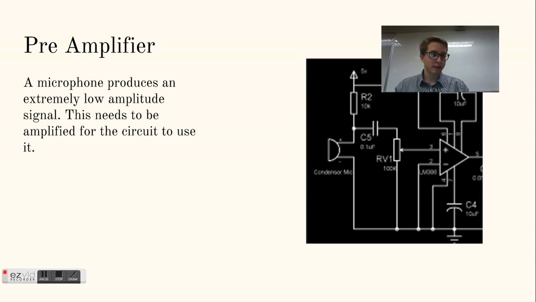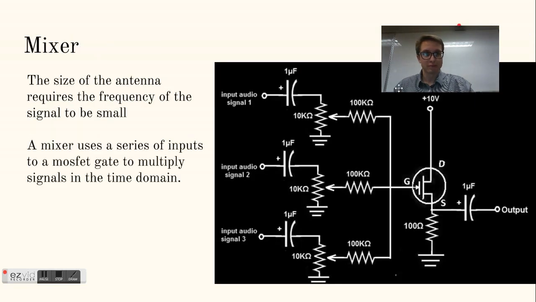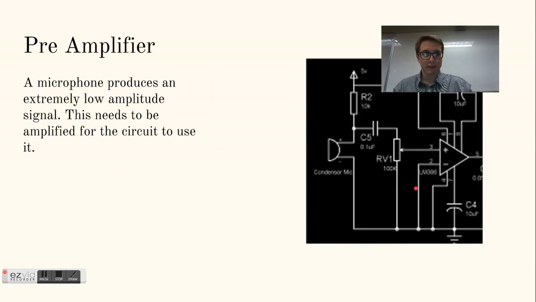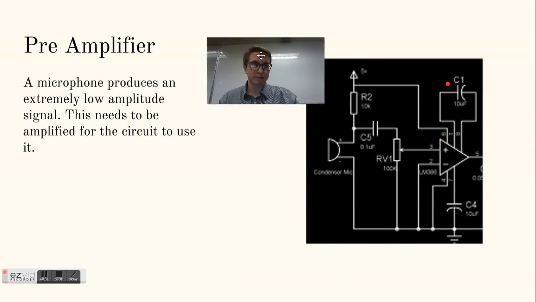And the amplifier is a fairly simple circuit. It allows us to see that the input goes in and then goes through this op amp, and then it goes out to a speaker in this case.